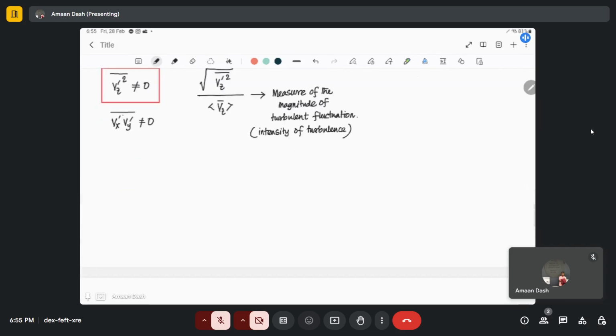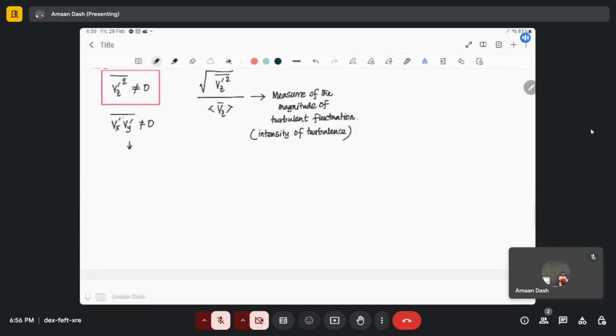This statement tells us that the fluctuations in the x and y directions are actually dependent.